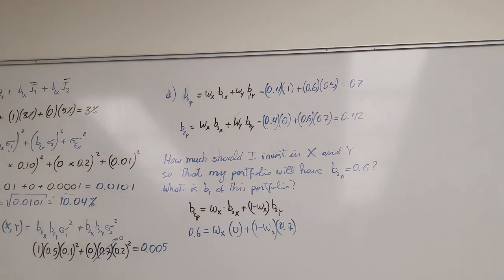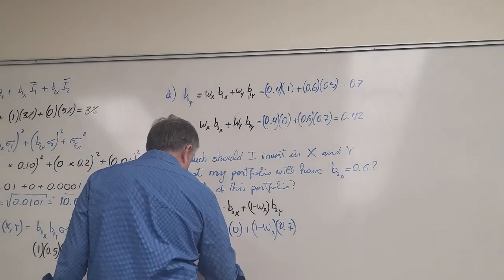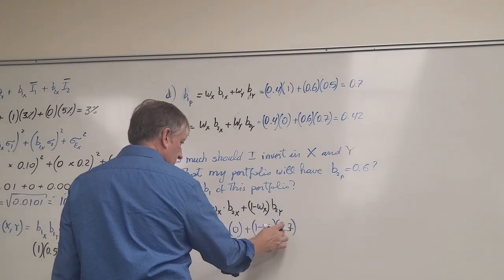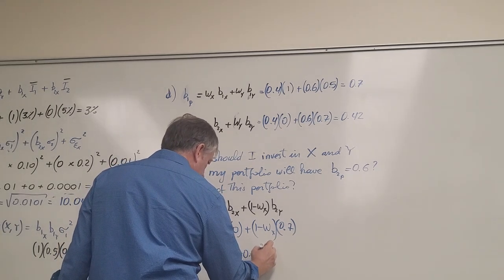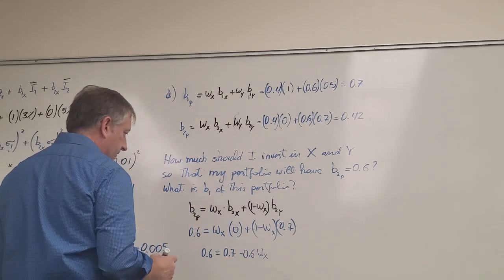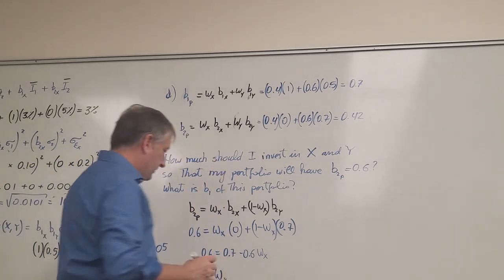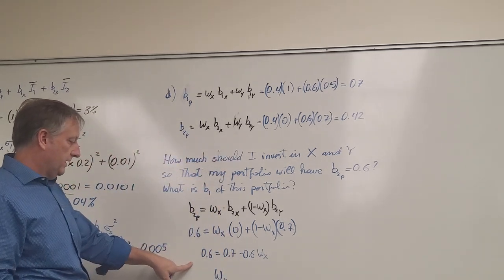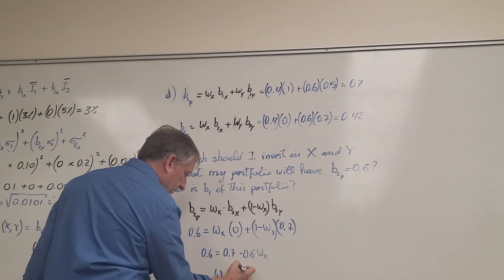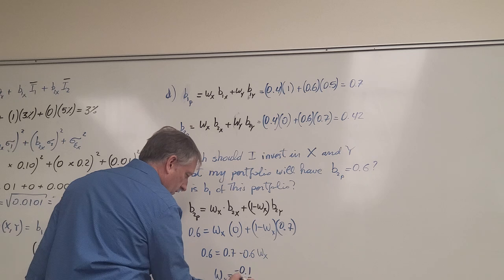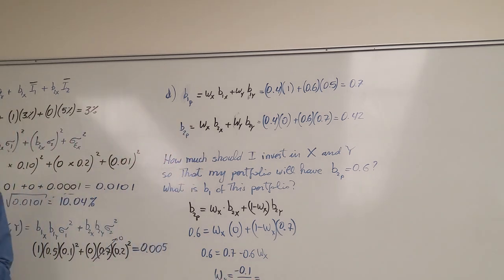So for WX, you get 0.6 equals, distribute these across, 0.7 minus 0.6 weight of X. So weight of X is equal to, subtract 0.7 from both sides, you get minus 0.1, then divided by minus 0.6. And what is it, 1/6?